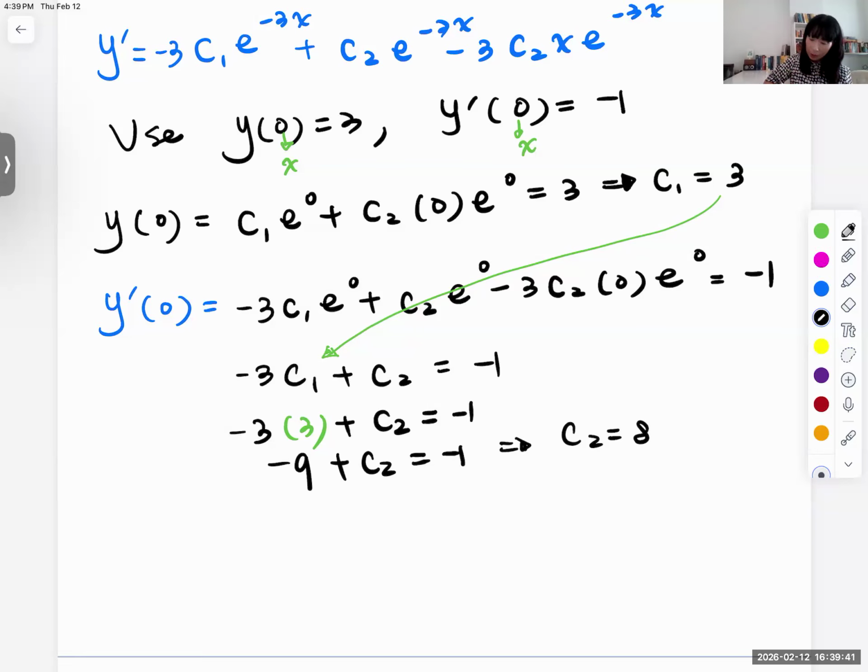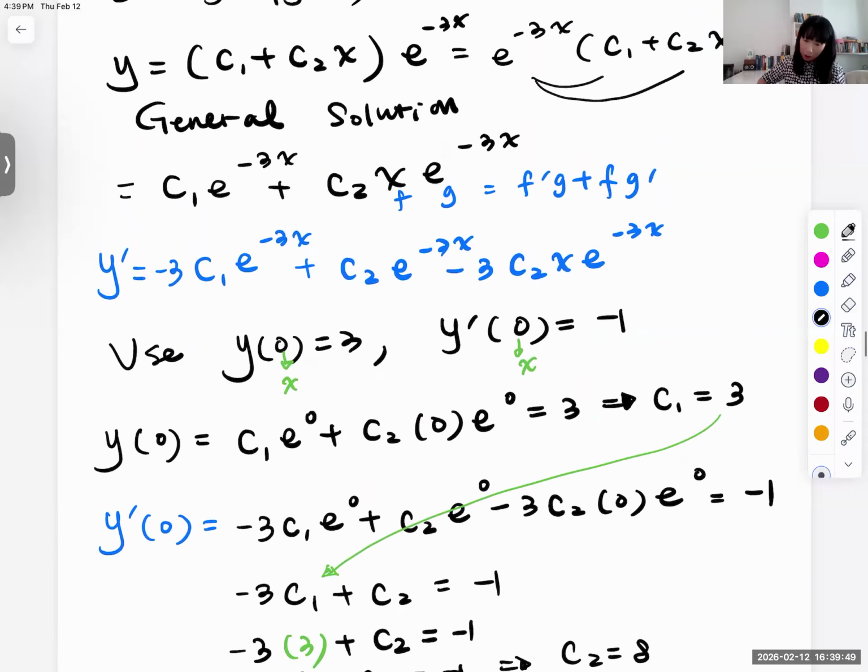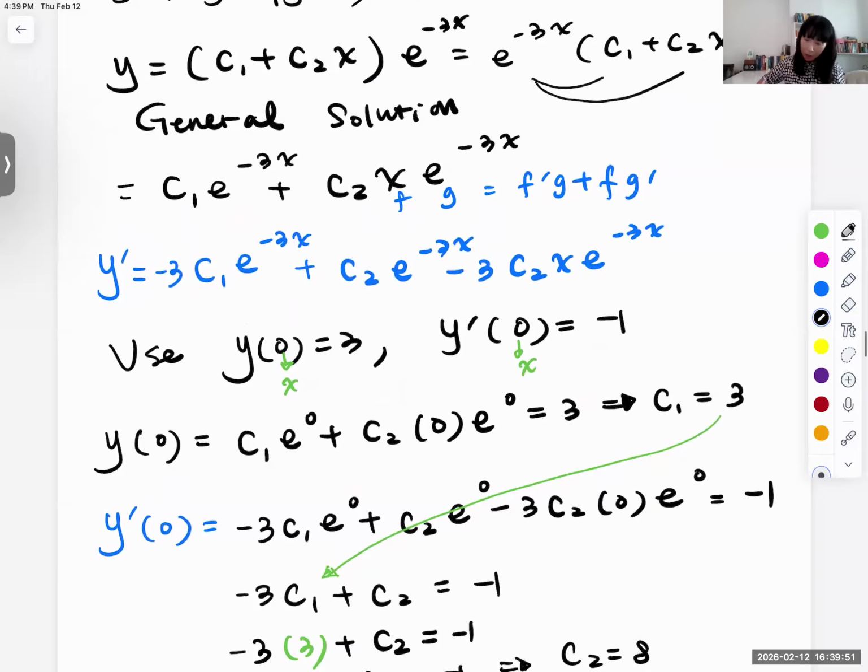So we have y equal to c sub 1 plus c sub 2x, right, times e to the negative 3x. Yeah, from the general solution, right?